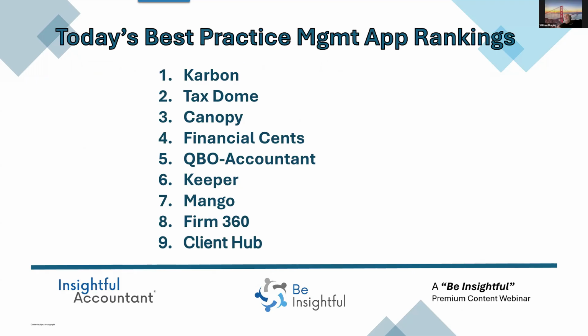Then came Keeper, Mango, Firm 360, and Client Hub. These are purely number driven, and that's the ranking standpoint. I found it very interesting that QBO-Accountant was right in the middle.